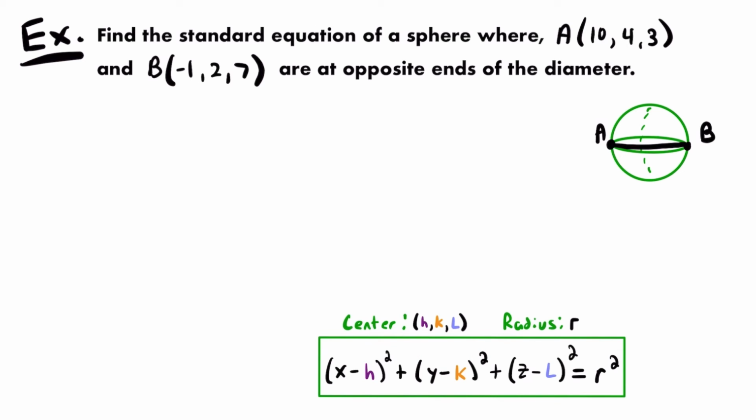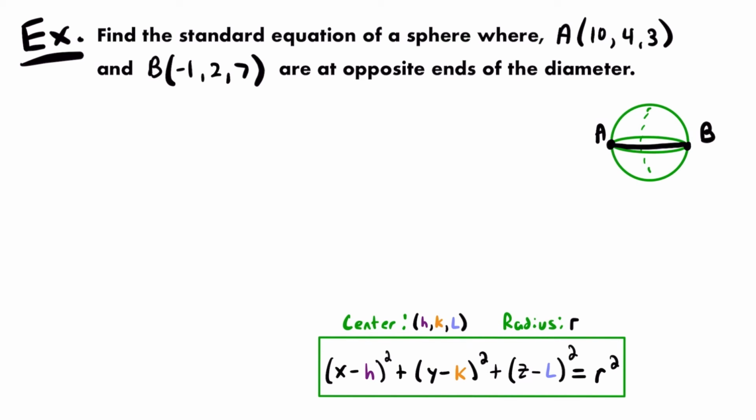All right, and so looking at this standard equation, there are some things that we need here that we currently don't have. We don't know what the coordinates are of the point that is the center of our sphere, and we don't know the radius. And so how can we determine these two things using these 2 points? Well, let's start with the center point. How can we find the point in the middle of our sphere?